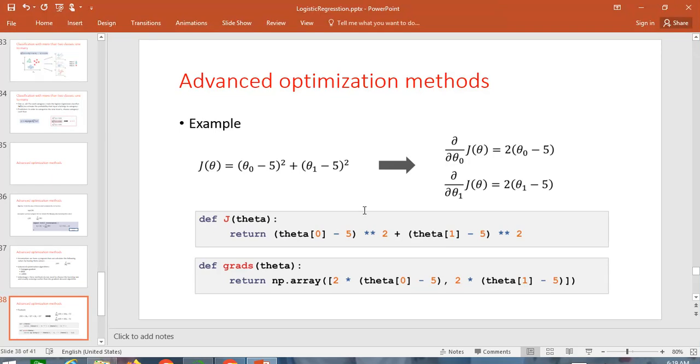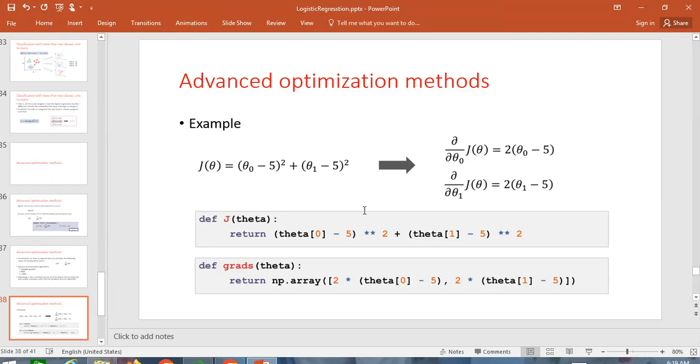We calculate the partial derivatives of the function with respect to theta 0 and theta 1 and put them together in a vector, and in this way we reach the gradient of this function. Now for implementation, we need a new package called SciPy.